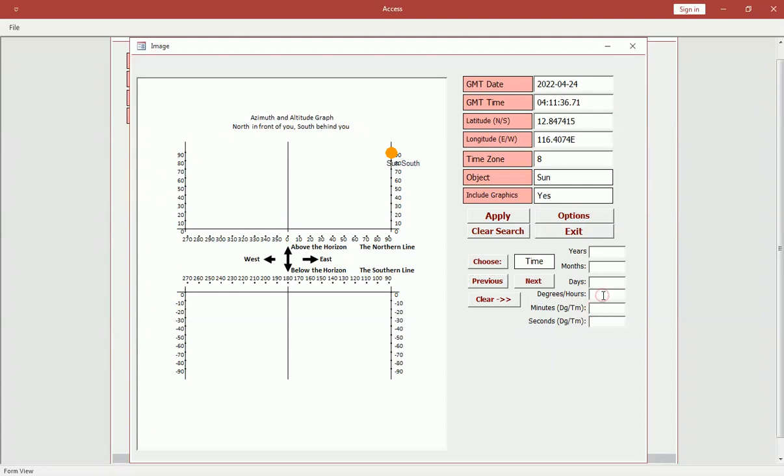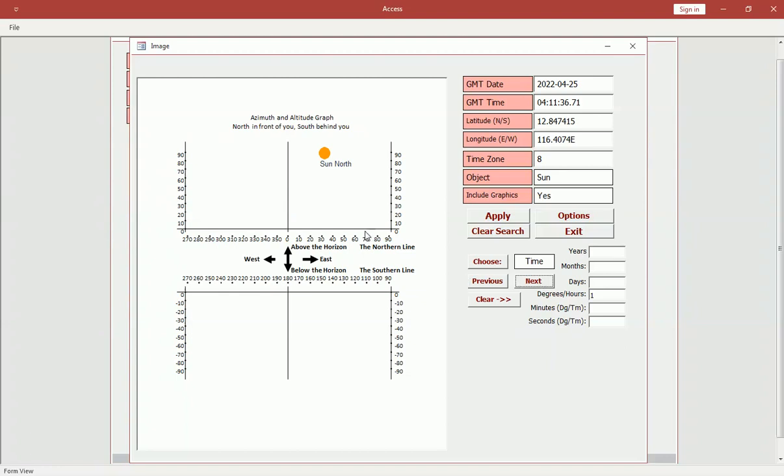Let's have 1 hour. Click next. This is a huge jump, and then the object returned back to the smooth movement. Now we are reaching the high altitude and we have a jump.